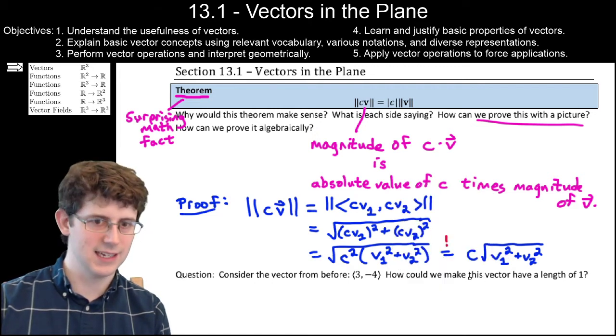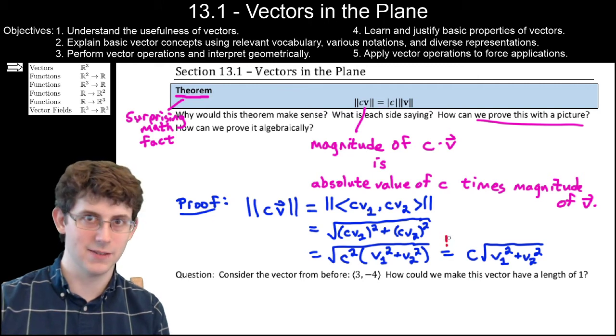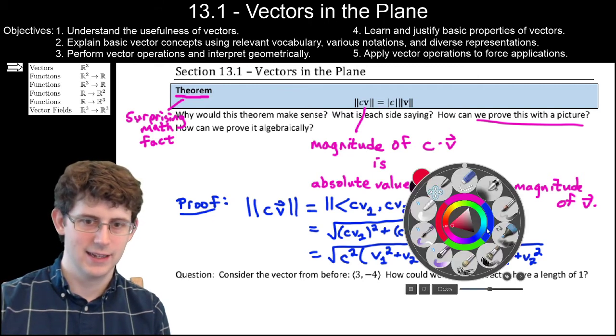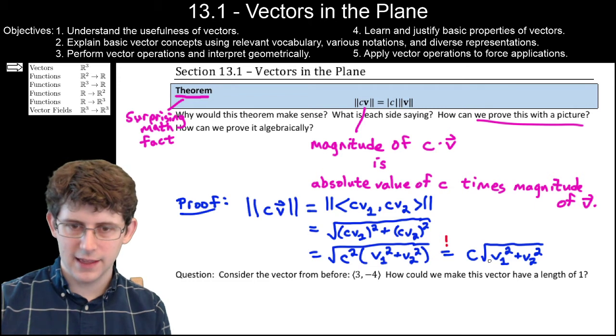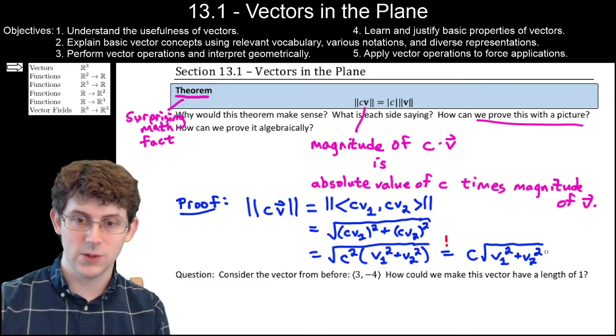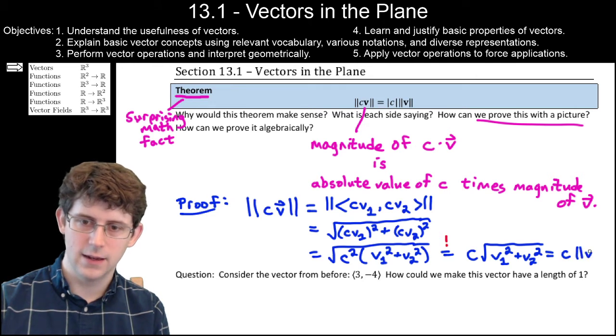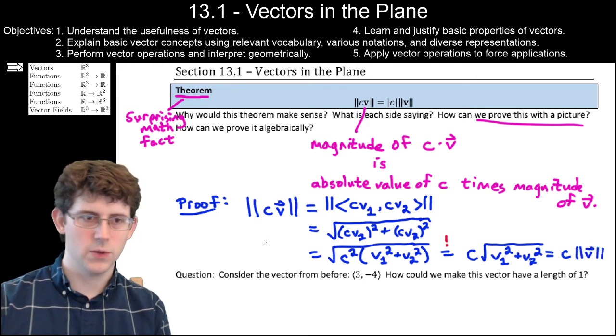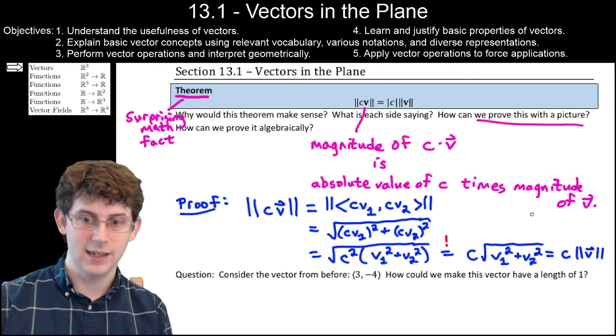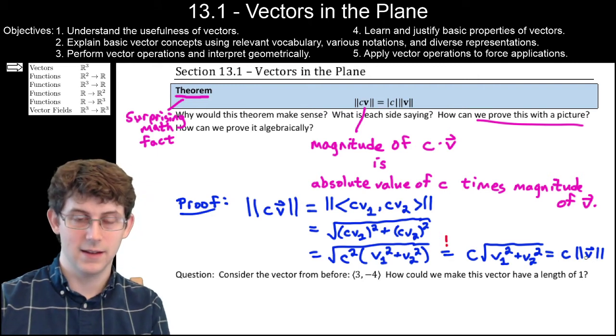So we'll fix this in a second. I'm putting an exclamation point here to remind us to come back. But let's finish what happens here. Then the square root of v1 squared plus v2 squared, well, that's the magnitude of the vector v. So we showed that the magnitude of cv is c times the magnitude of v.